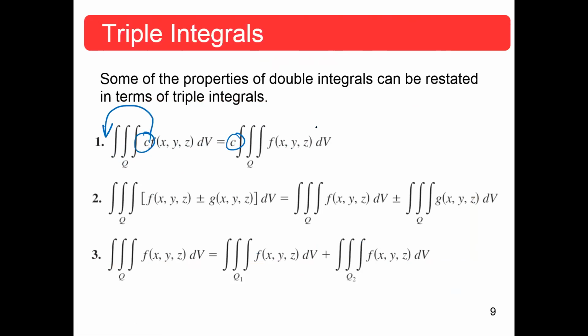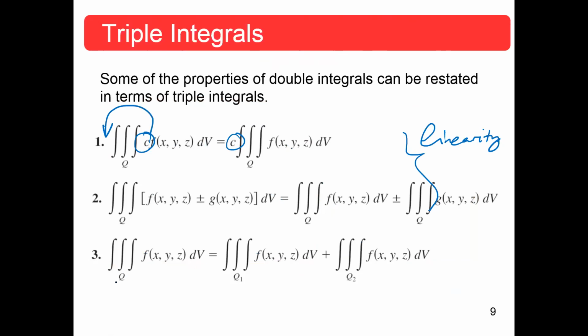Secondly, the triple integral of the sum or difference equals the sum or difference of the triple integrals. You guys recall property 1 and 2, if you combine together, what do we call them? It's called the linearity property of the integrals.